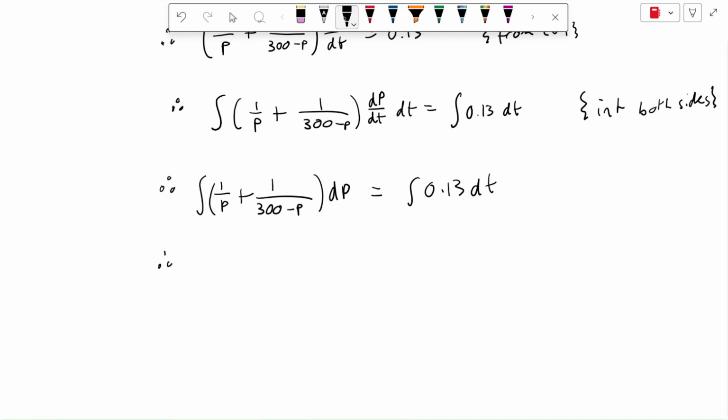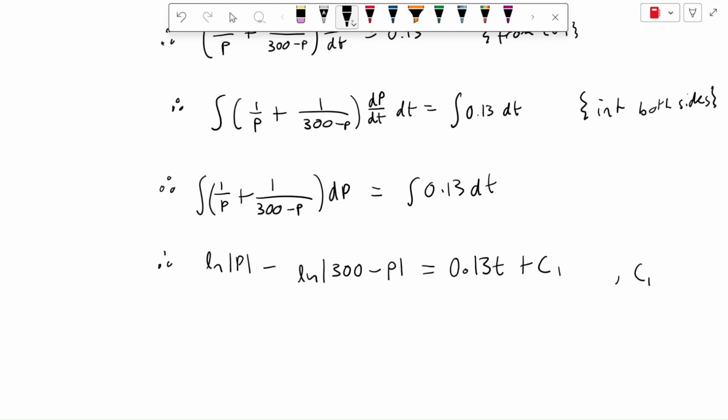So we get log of the absolute value of P, minus the log of the absolute value of 300 take P. You have to be really careful here because of this minus sign in front of the P. That minus sign, we essentially divide by -1, but more or less the minus sign just comes out here. And we get 0.13t plus C1.